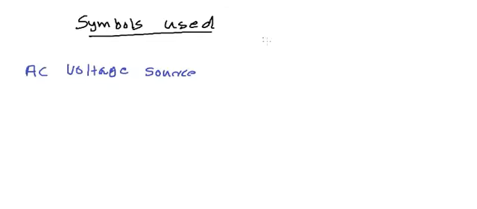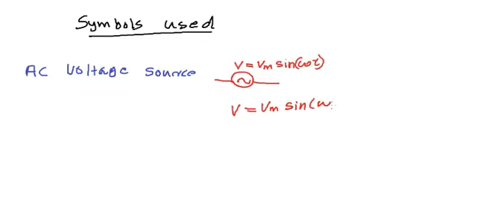AC voltage source is represented by a symbol like this, and V is equal to Vm sine omega t. This is the general description of an AC signal, or more generally, V is equal to Vm sine of omega t plus phi.